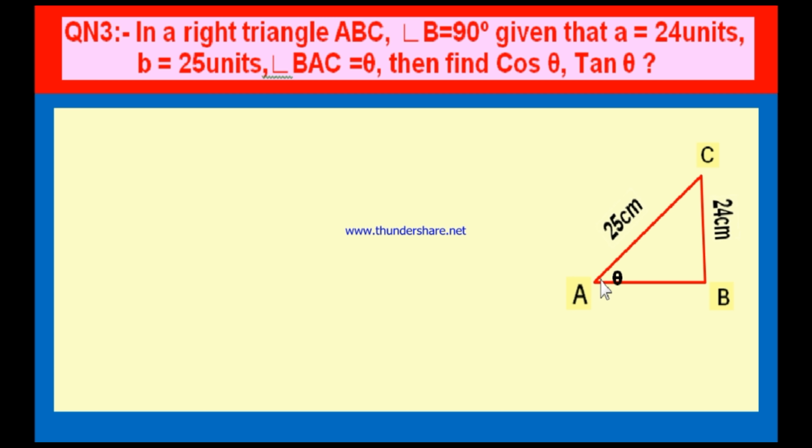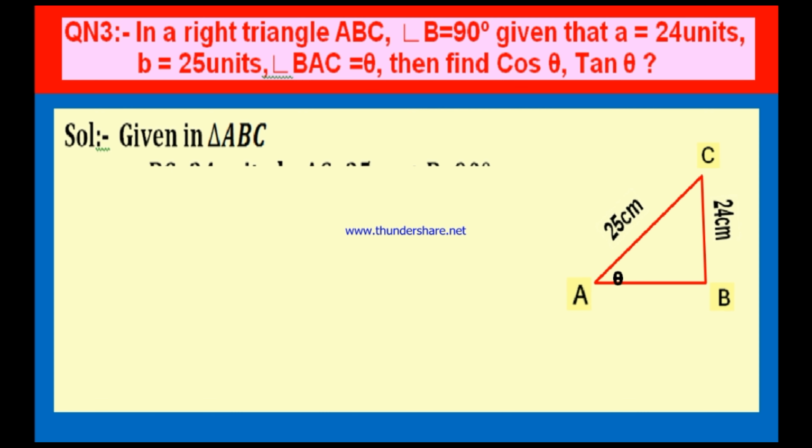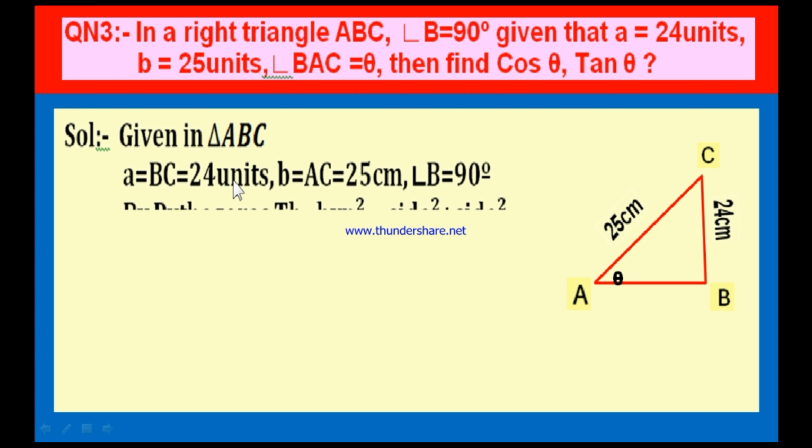Therefore, the side opposite to vertex A is BC, whose value is 24 units, and the side opposite to vertex B is AC, whose value is 25 units. Now look at the solution. From the given triangle ABC, it is given that small a is equal to 24 units. Small a means BC is equal to 24 units. And small b means AC is equal to 25 units.